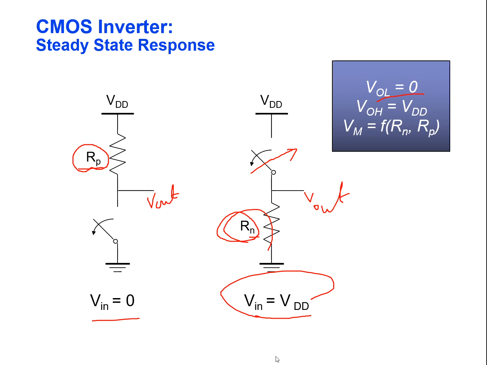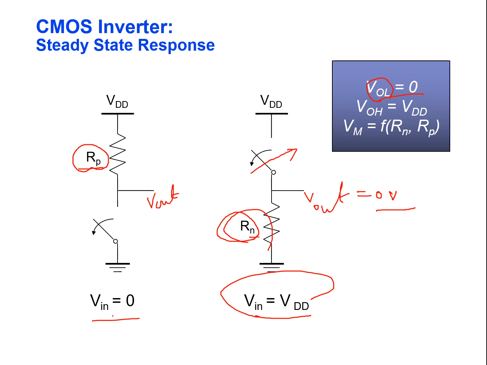Now if you measure the output, if you are not considering the resistance drop, it is approximately equal to 0 volt. That is your output low voltage, which is represented here as VOL. Output low voltage is equal to 0.